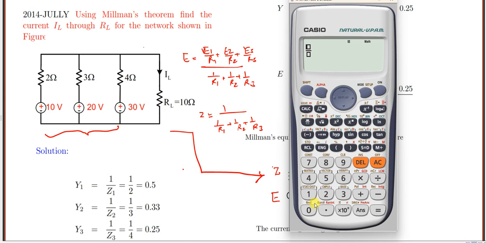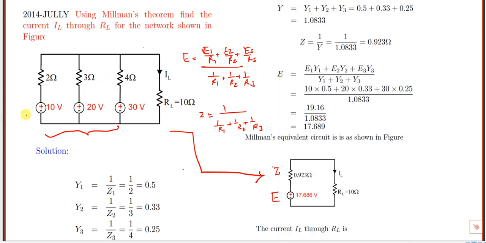See the polarity, plus minus, plus minus, plus minus. If I convert this voltage source into a current source, the current will go upwards. Here also, if I convert this one to current, it will go upwards. This also goes upwards. All the currents are going to add up.